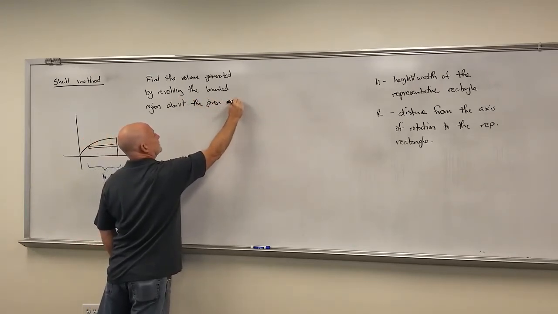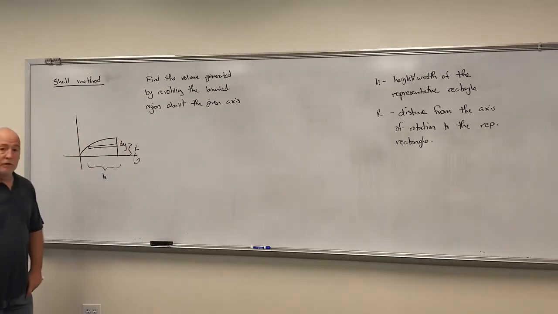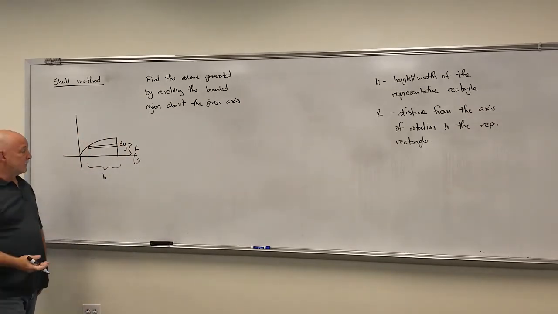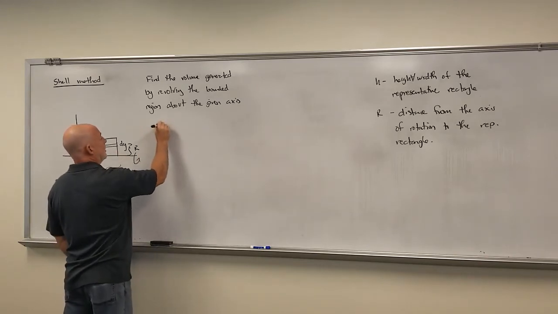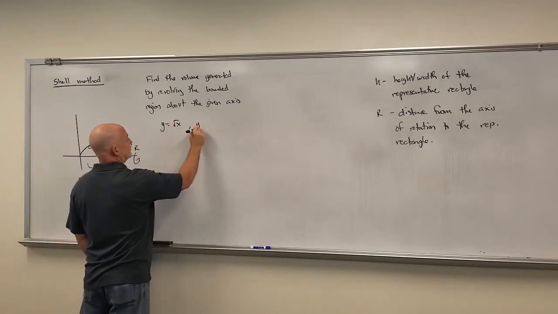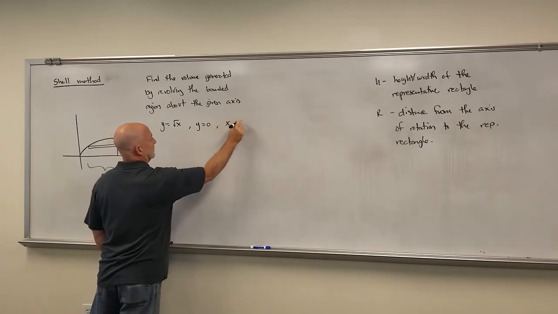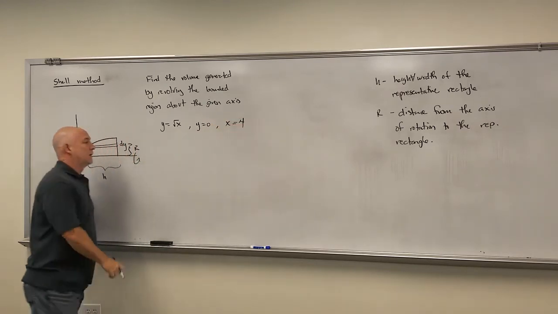So exactly the same directions that we got when we were doing the washer method or the disc method, whatever you're talking about. So let's kind of do this picture here. Let's say we have y is equal to the square root of x, y is equal to 0, and x is equal to 4, let's say.